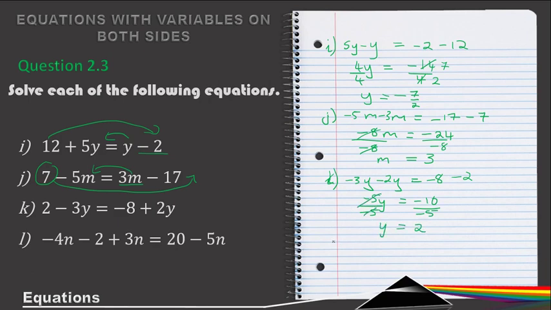And then finally for L, so here's an n, there's an n, there's an n. So I have negative 4n plus 3n, which is already on the left hand side. Bring the negative 5 over, becomes plus 5n, equal to 20. And then take this 2 over, becomes plus 2. Then minus 4 plus 3 gives me negative 1.